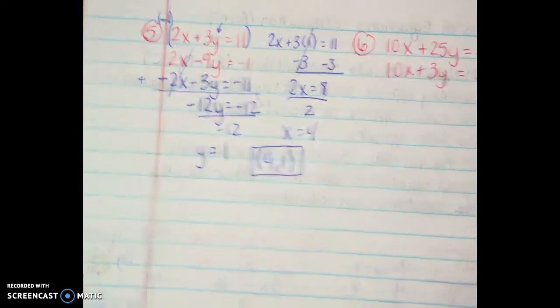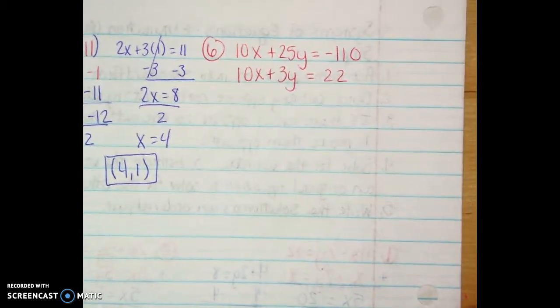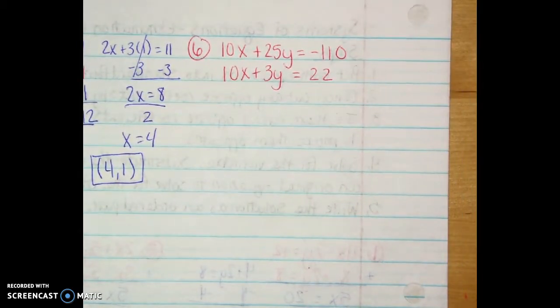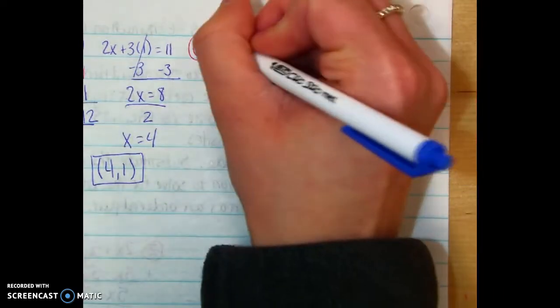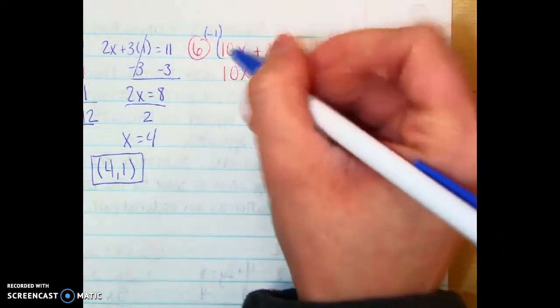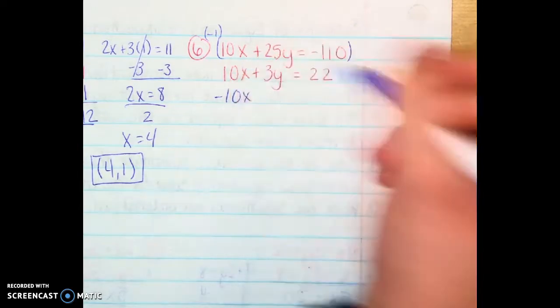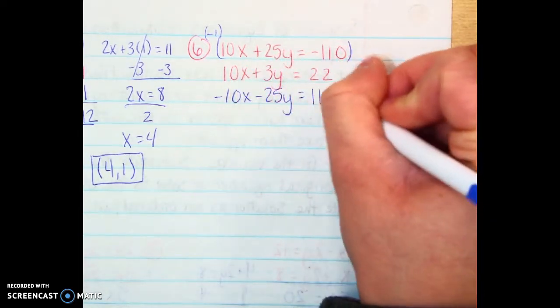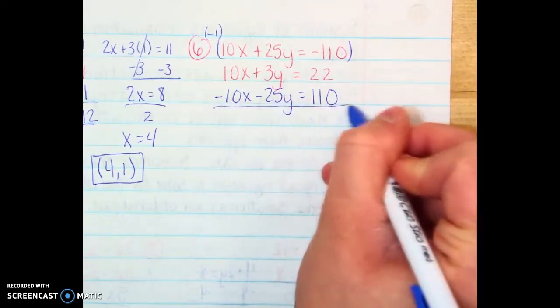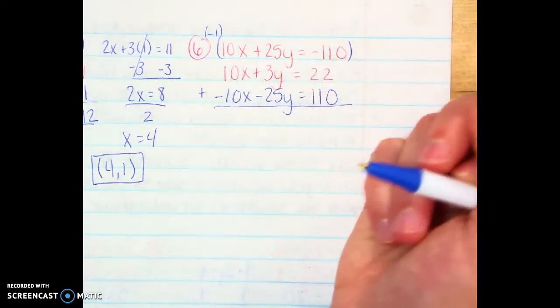Okay, one more. I have two of the same, so I'm going to multiply by -1. I will multiply the top by -1. So this becomes -10x minus 25y equals a positive 110. I'm going to add them together.